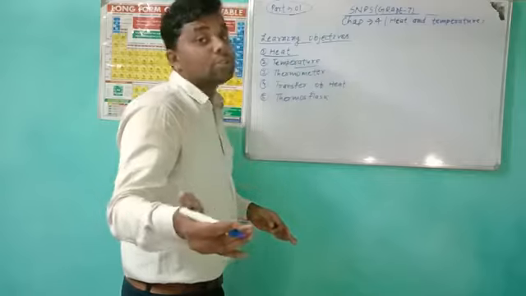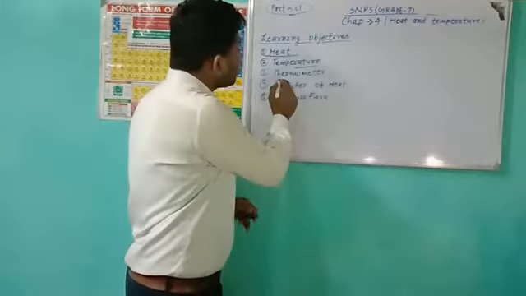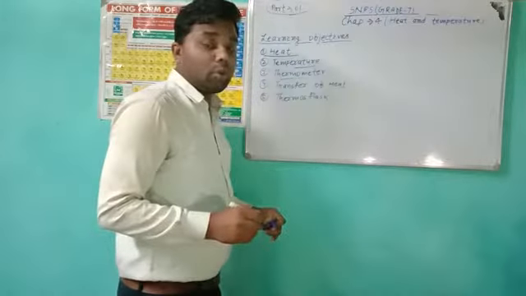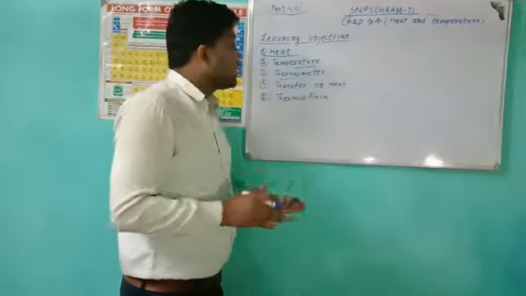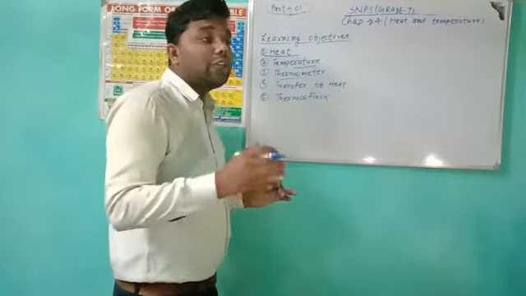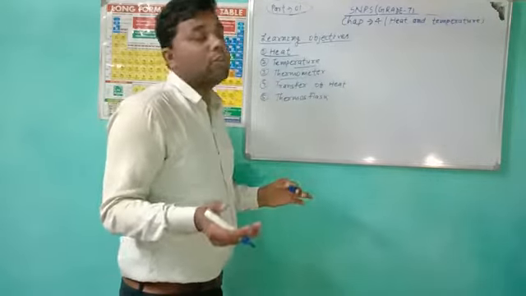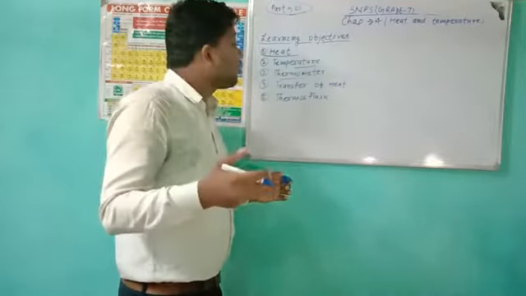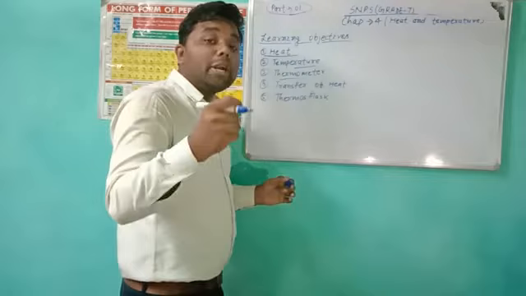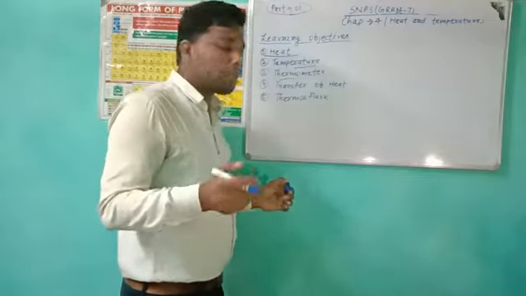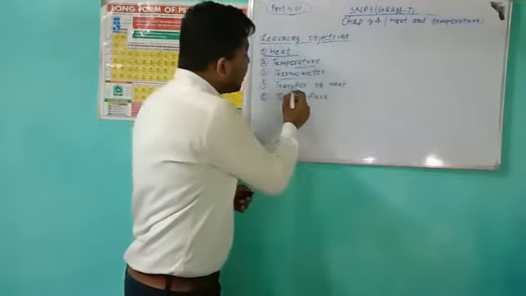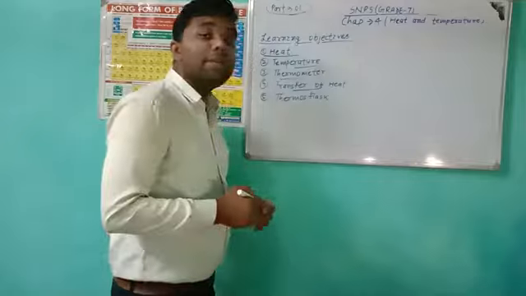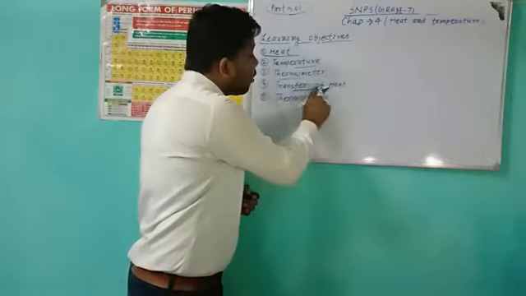Okay, the next topic is thermometer, in which we will study the different kinds of thermometers. We will talk about mercury, and why mercury is used in thermometers, and so on. After that, our very important topic is transfer of heat.